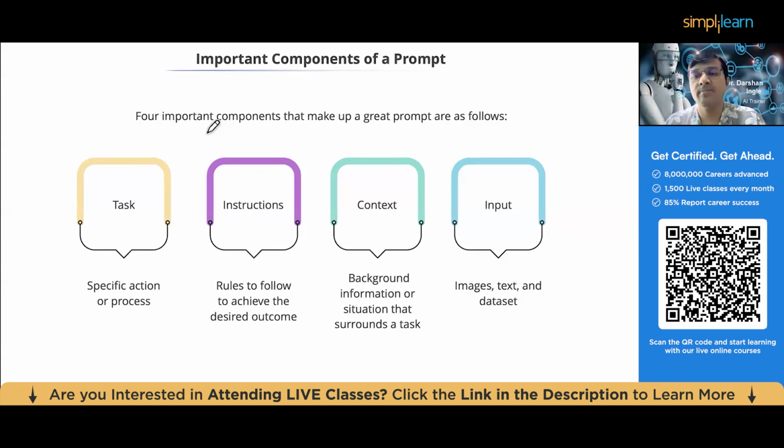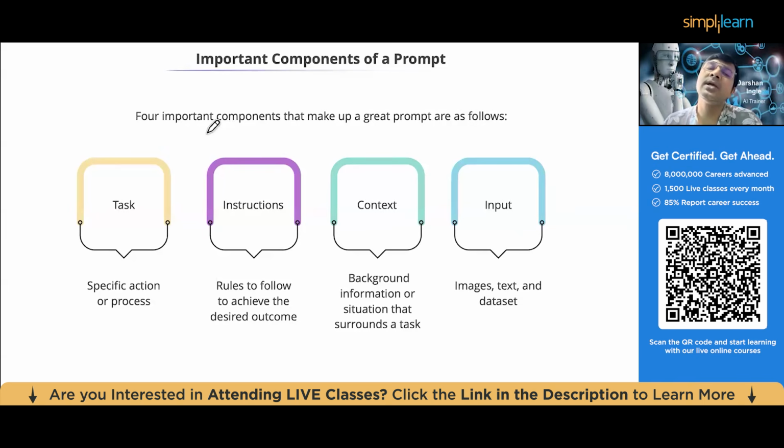The next is instruction. Instruction is nothing but the rules to follow. Make it sound professional, under 100 words. That's an instruction. Then context is the background details. The product is a smartwatch targeted at fitness enthusiasts.